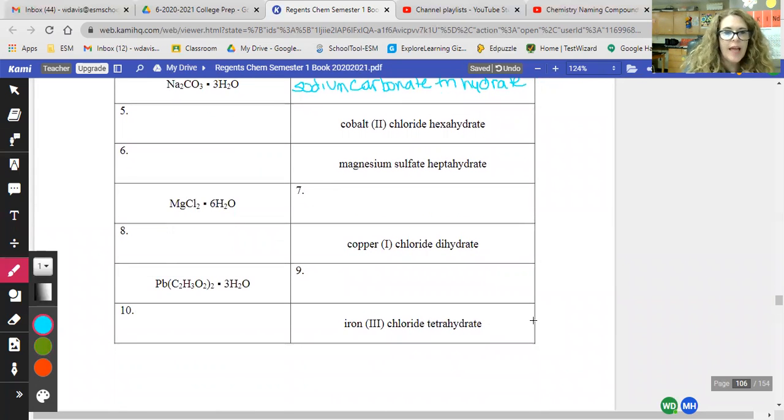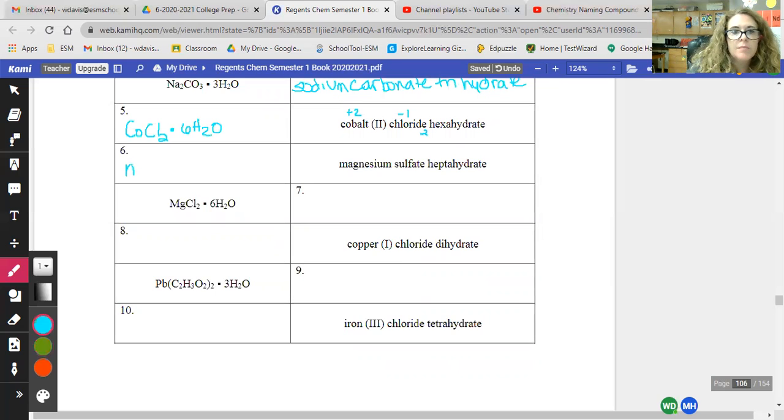Okay, so now I have cobalt, so I have Co, and I have chloride, Cl. Right, now I need my charges. I have cobalt as a +2 because the Roman numeral 2 says so, and a -1. So when I do my crisscross, I need 2 of those chlorines, so cobalt chloride. And hexa meaning 6 hydrates, H2O.